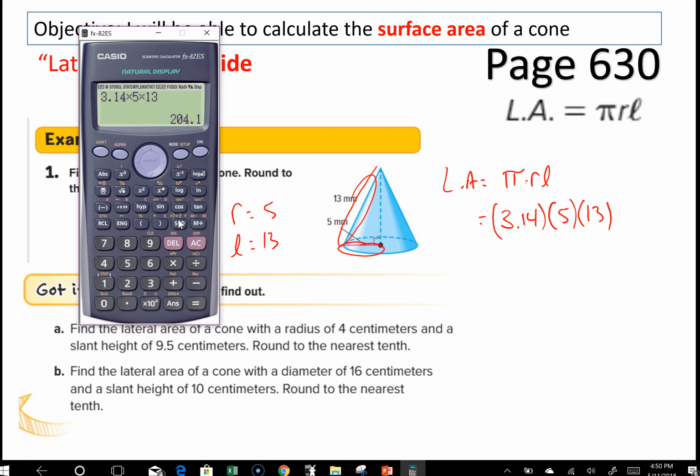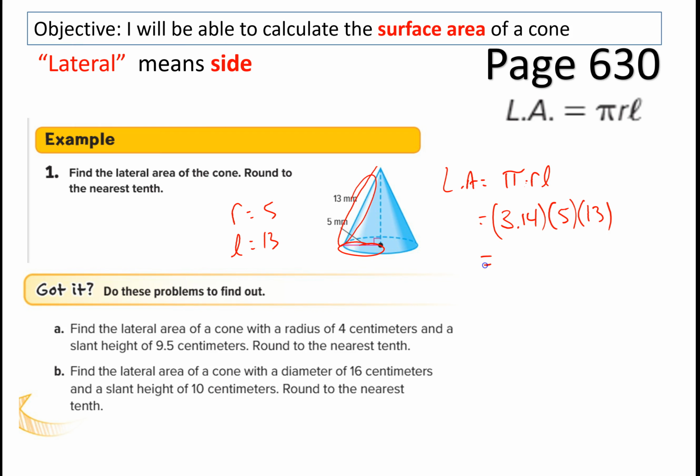So our answer is 204.1 millimeters squared. Because remember, area is square units.